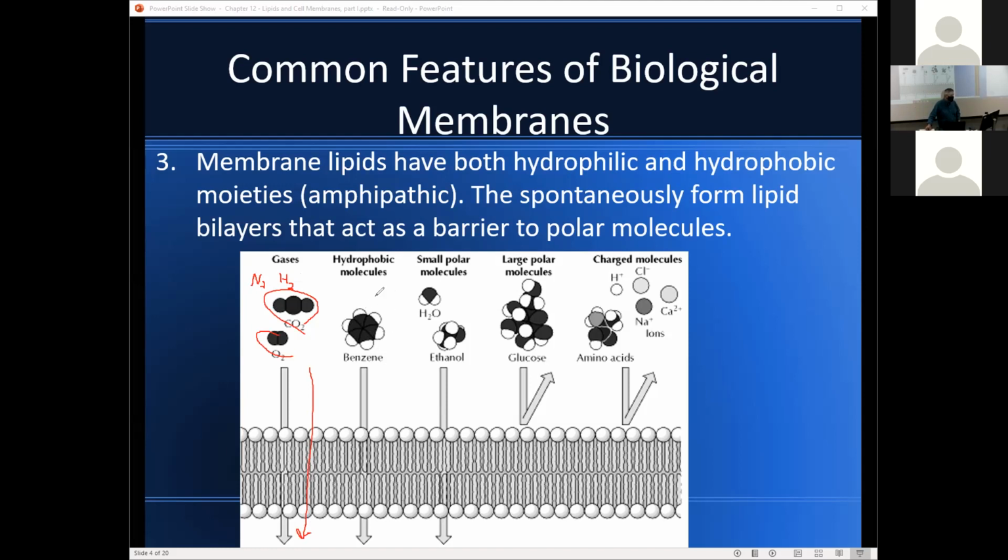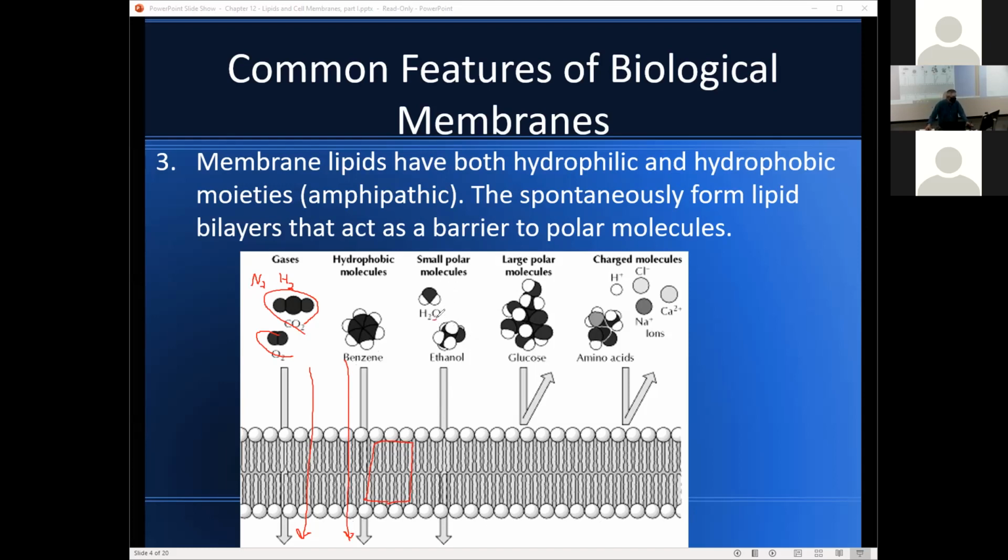Benzene is a little bit bigger. However, it's also a very hydrophobic molecule. Only hydrophobic molecules can traverse this very hydrophobic environment made up by the hydrocarbon tails of the phospholipids. So although benzene is a little bit bigger, it's very hydrophobic, so it can diffuse directly across a phospholipid bilayer.